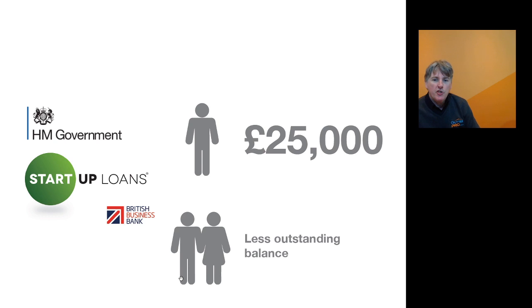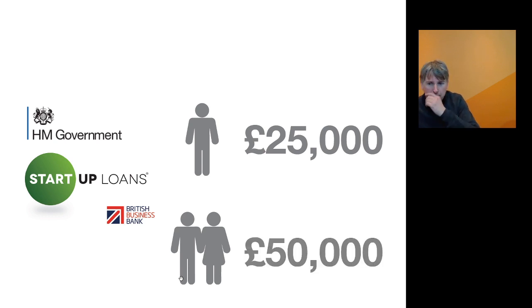So you can top that up, and a couple can borrow 25,000 each, and I put two guys in just because we are in that liberal world, or it could be two business partners who are coming together, pooling their resources, and choosing to run their business together. They could raise £50,000.